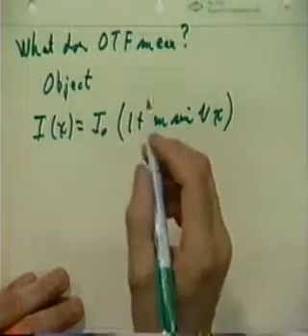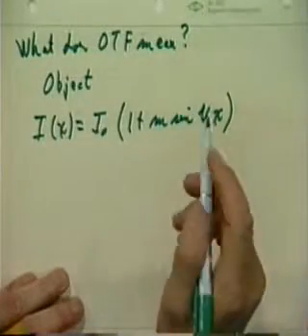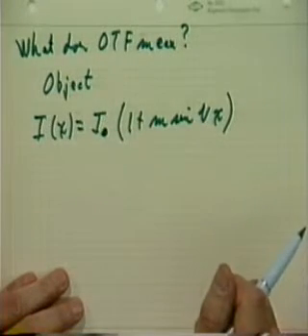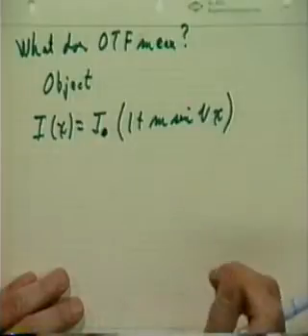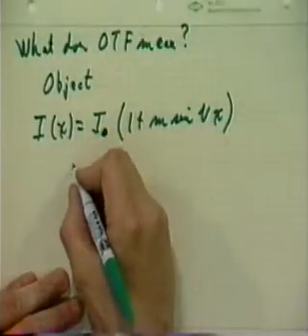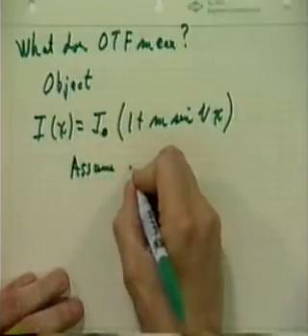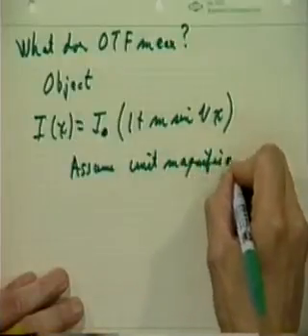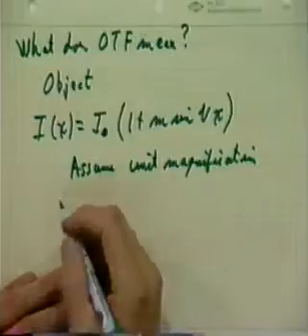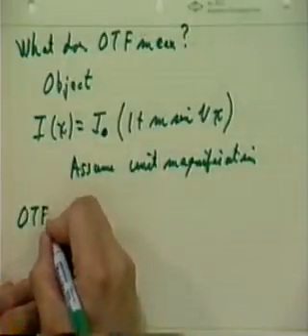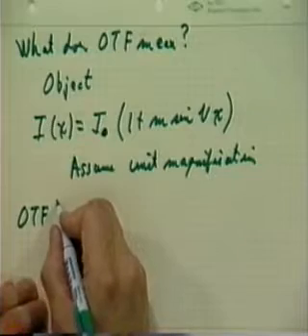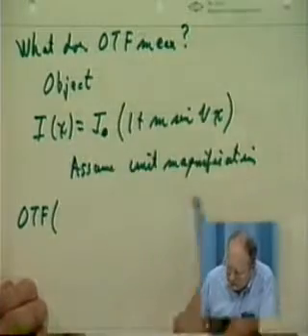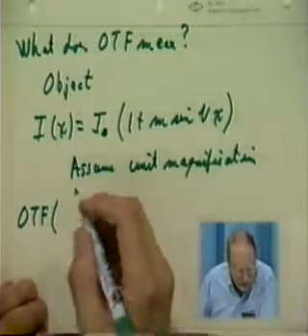I'm going to assume unit magnification. Now the OTF is a function of nu sub x and nu sub y, but I'm just going to do this for the one-dimensional case.